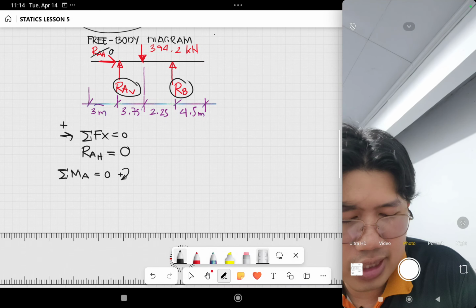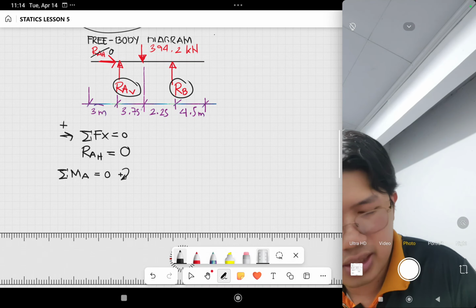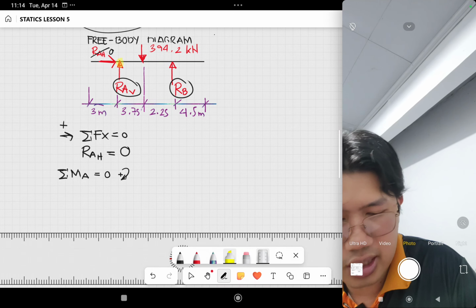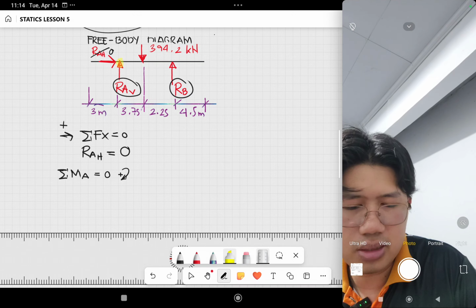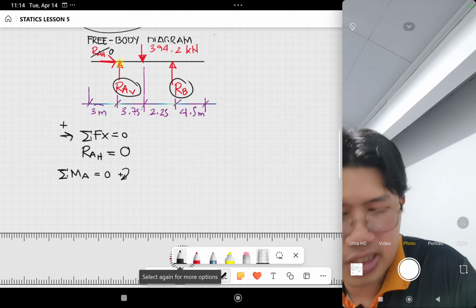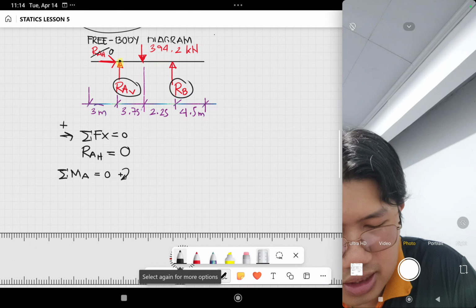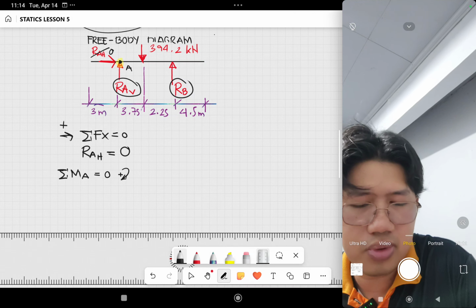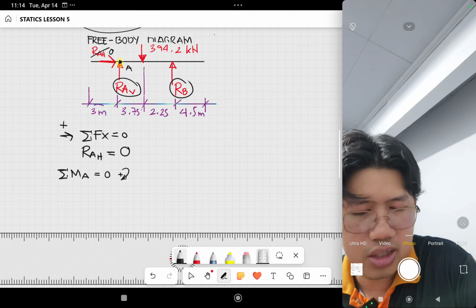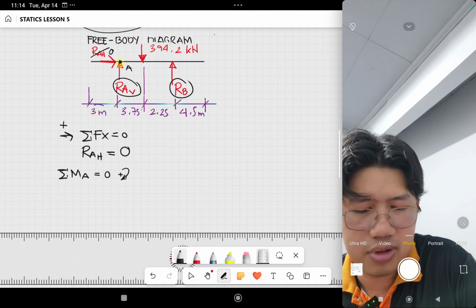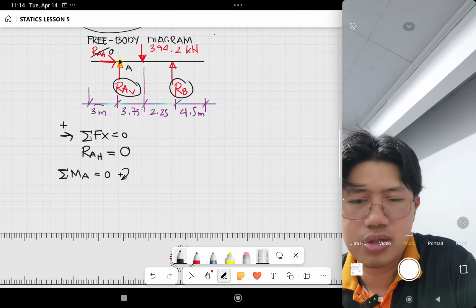So, mapapansin natin, if we take moment about point A, ito yung point A natin. Okay? RAV is acting at the point A. RAH is also acting at point A. Yung dalawang unknowns na yon, will be cancelled in our equation or in our solution.